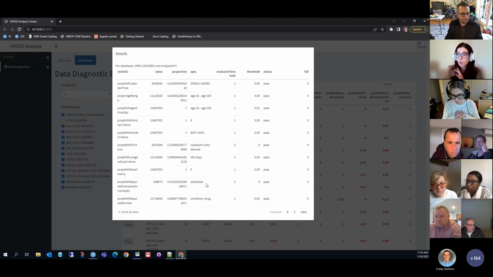So you could really just see how these different choices impact where one database would be valuable to study a particular question, like telmisartan versus azilsartan for AMI. That same database would not be great to study lisinopril versus benazepril.